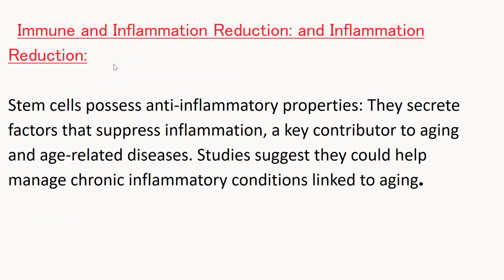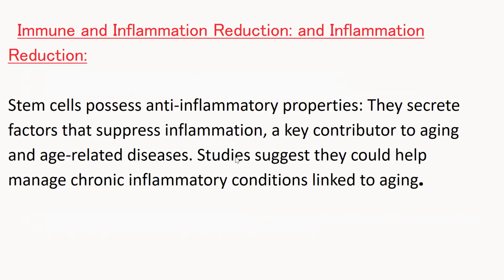Sometimes we can find side effects like tissue rejection. The stem cell possesses anti-inflammatory properties; they secrete factors that suppress inflammation. So we can give the patient some medication like cortisone or cortisol as an anti-inflammatory for tissue rejection at this time.